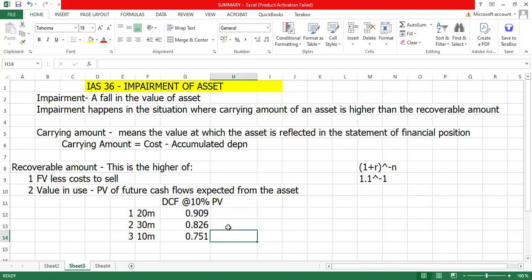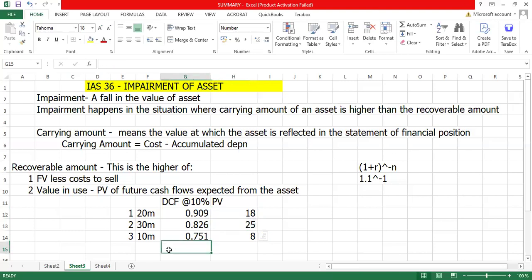Once you have your discount factors, you go ahead and get your present value, which is the discount factor times the cash flow: this figure times 20 million. Then here it's this figure times 30 million. Then here it's this figure times the 10 million.